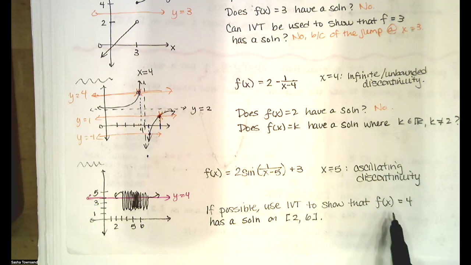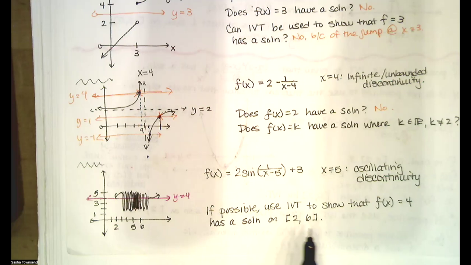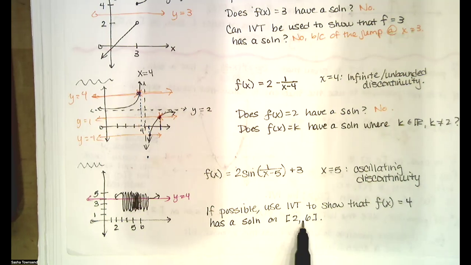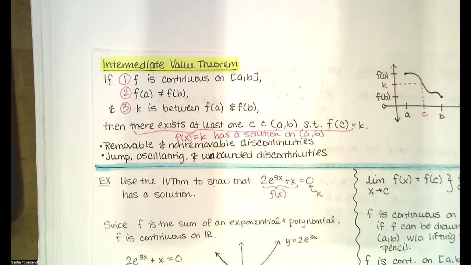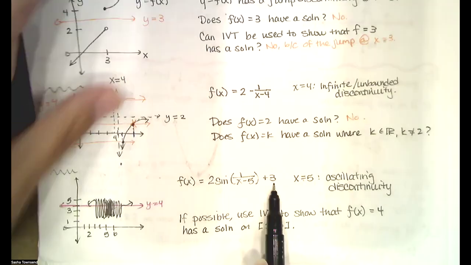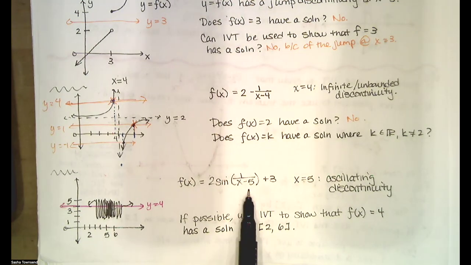So while this equation does have a solution, we have to be careful. This question says, can I use the intermediate value theorem to show that this equation has a solution on this interval? Well, only if the function is continuous on that interval. And it's not continuous on that interval because there is one x value on the interval that's a problem, and that's x equals 5.